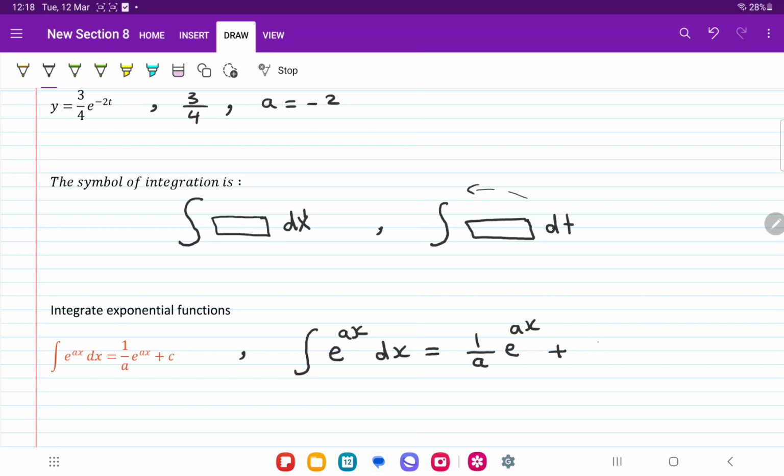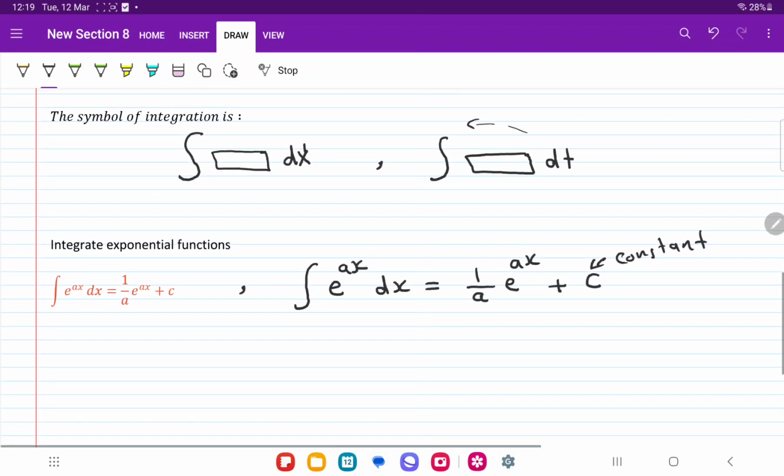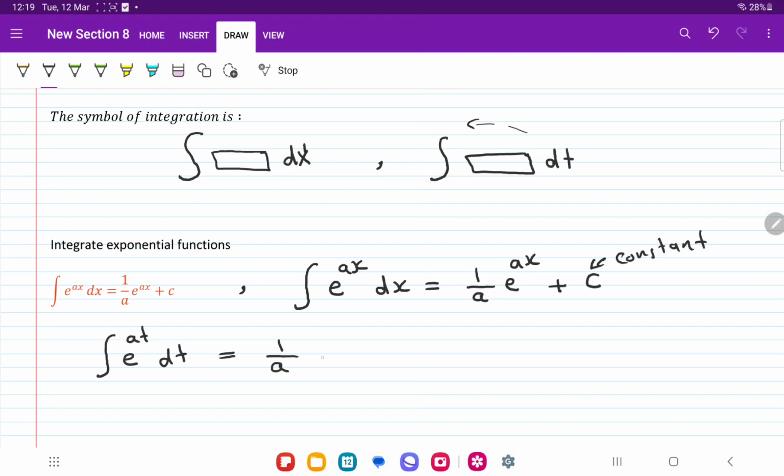I will call it c, but you can call it any letter, okay? That's a constant. Let's say the variable here is t in this example, e to the power at. So this has to be dt. So the answer will be 1 over a, e to the power at, plus the constant.